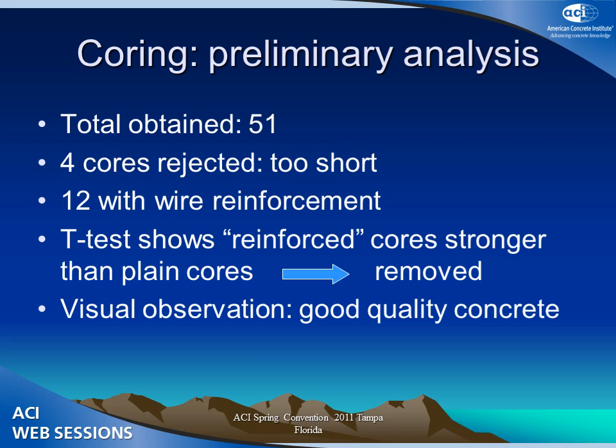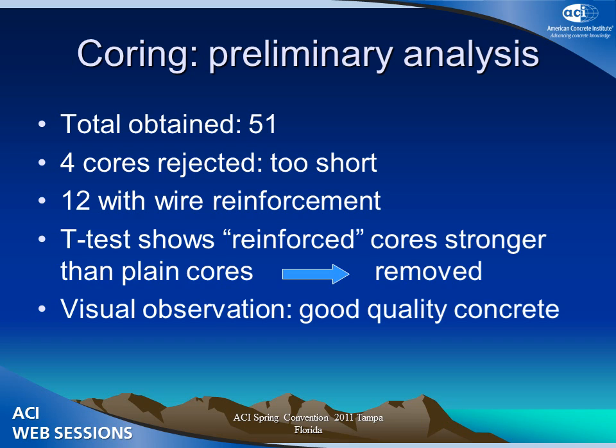4 of those cores, after we did get them into the lab, had insufficient length for us to test, so we didn't even test those. And there were 12 of them with wire reinforcing. They were either rebar or some small wire, and we tested those, and we got compressive strength values from them.